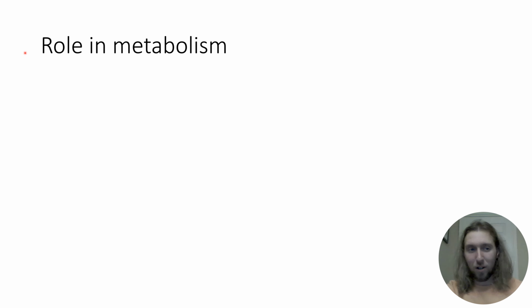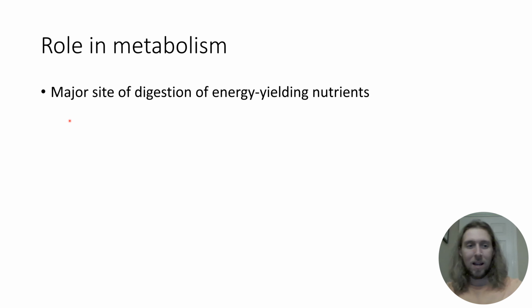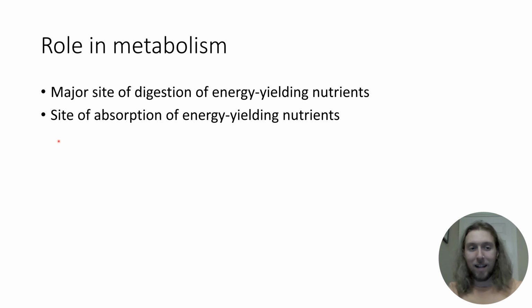The intestine's role in metabolism. The intestine is a major site of digestion of energy-yielding nutrients, and it is a site of absorption of energy-yielding nutrients. We have enzymes in our intestines that further digest the already digested food we have consumed. These same enzymes are in our saliva.